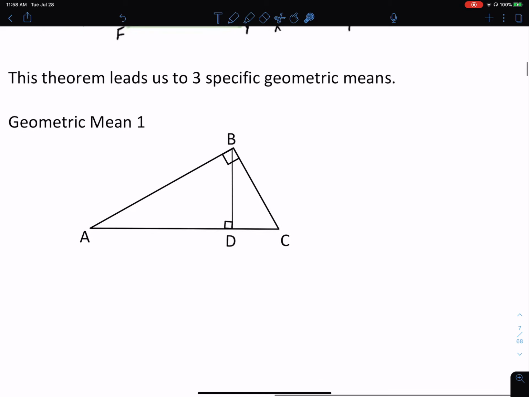Geometric mean 1. Let's say this is x, and let's focus on this length here, AD, and this length down here, which is the length of AC.